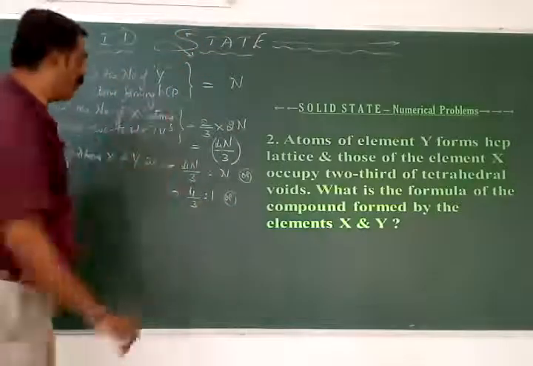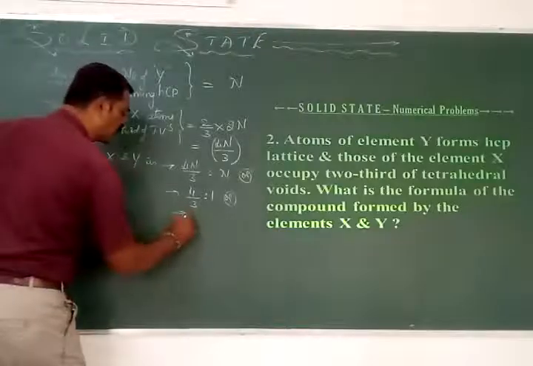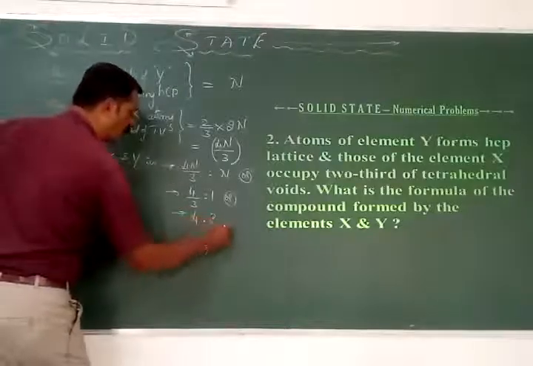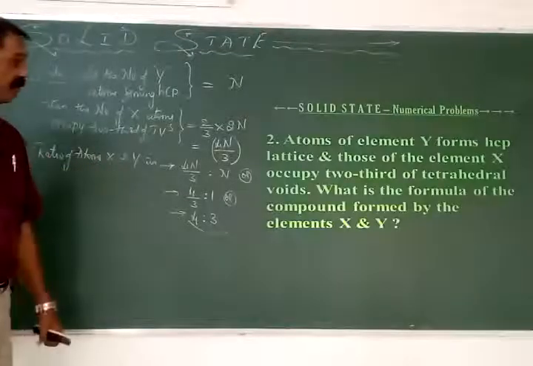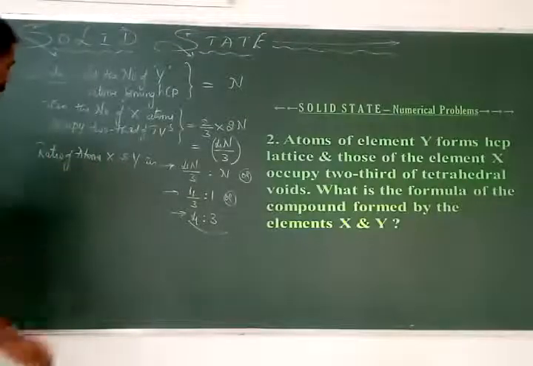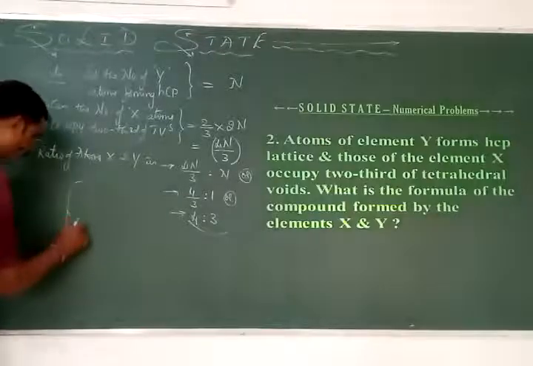Multiply both by 3. 4 by 3 into 3 is 4, 1 into 3 is 3. Therefore, X and Y are in the ratio of 4 is to 3.